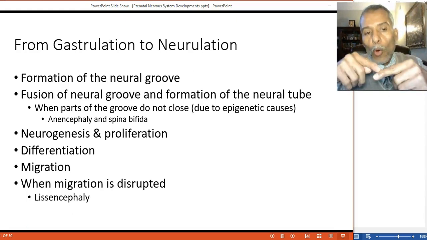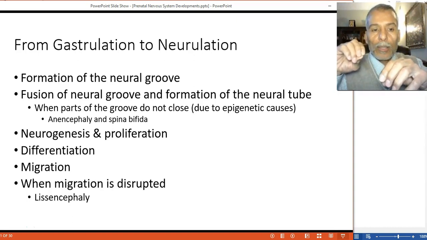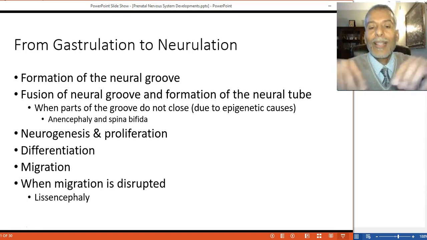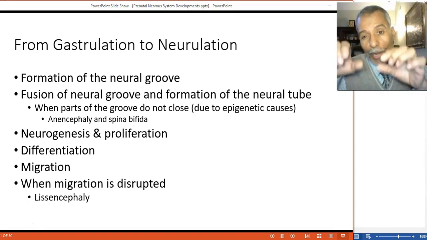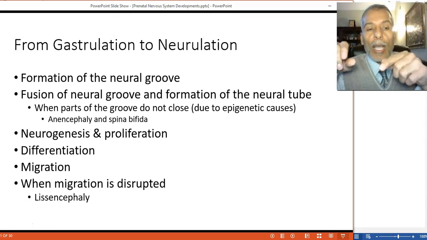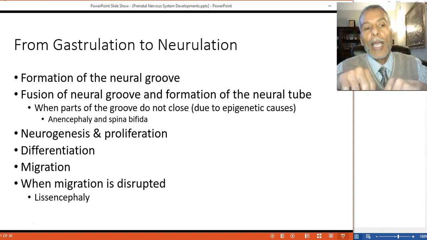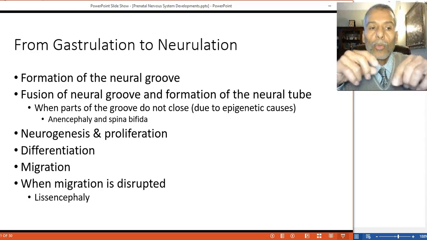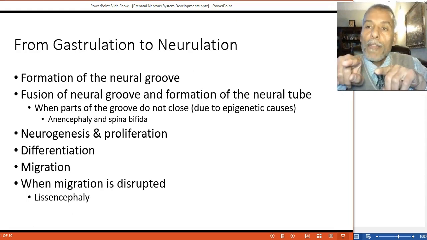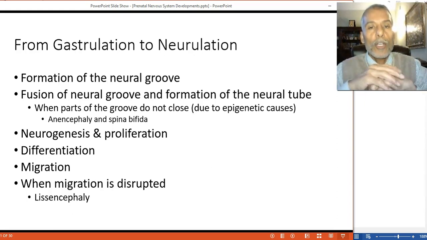The ones that are specialized in particular skills, that need to get a certain piece of the brain or the nervous system ready, are born first. And when they are born first, they are specialized immediately. And that differentiation is going to drive them to the site where they are going to stay and function.